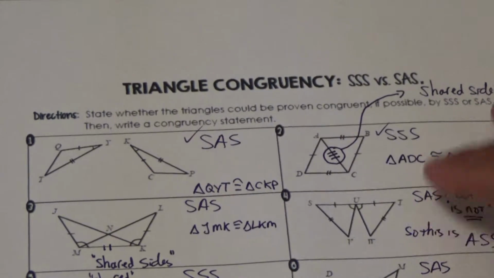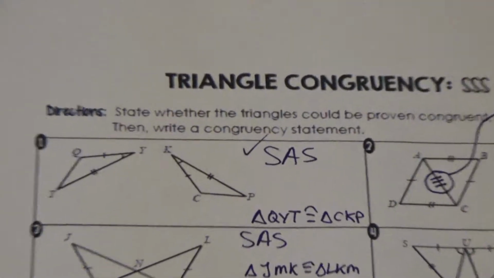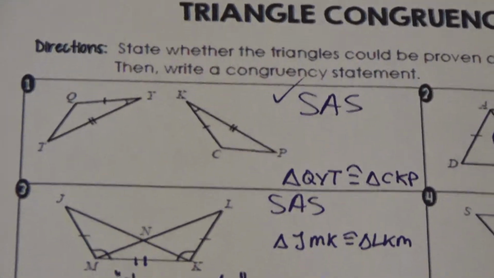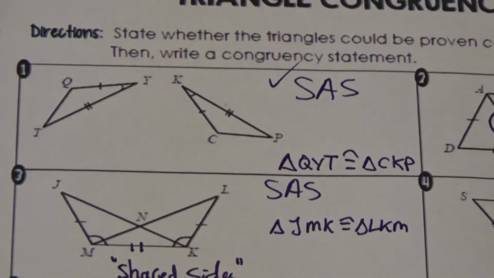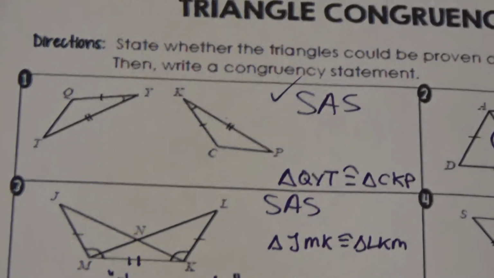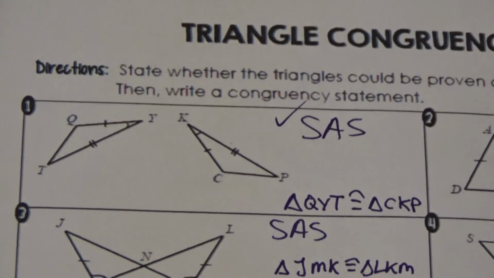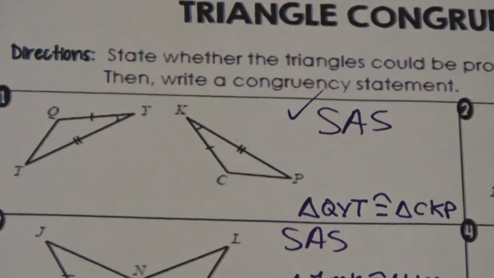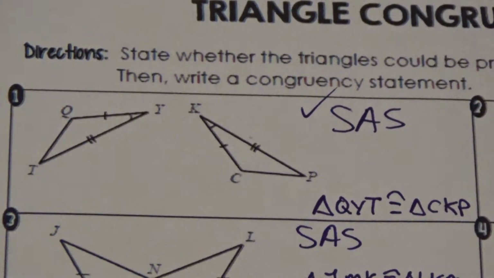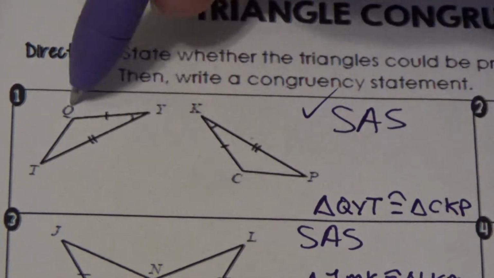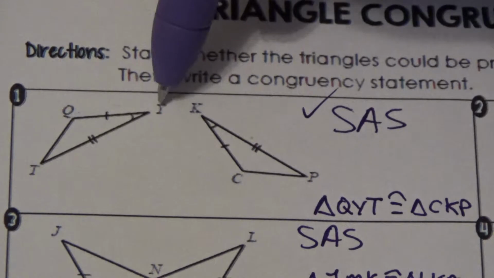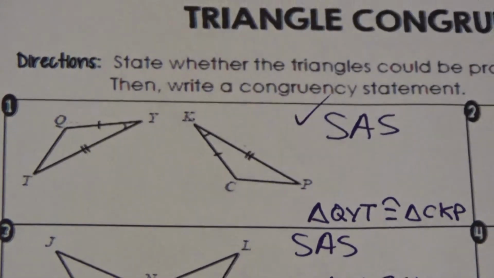So, let's look at number 1 over here. Alright, so these 2 triangles on number 1 are congruent by side, angle, side. Let's check them out. Why is that? Well, I got side QY that is congruent to what side? KC.